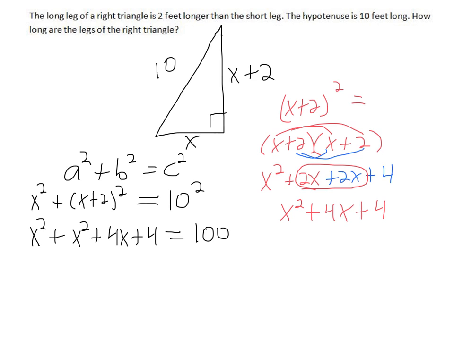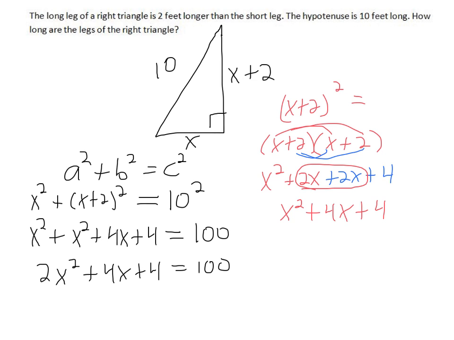Alright, we now have, I see like terms on the left, x squared plus x squared, that'll be 2x squared. That'd be just like 5 plus 5, 2 fives is 10. x squared plus x squared is 2x squared. x plus x is 2x. Plus 4x plus 4 equals 100.